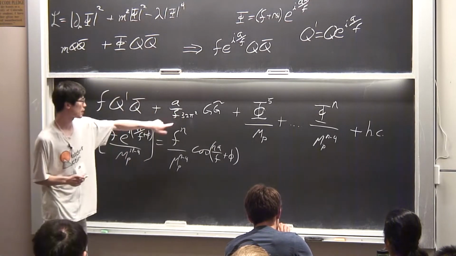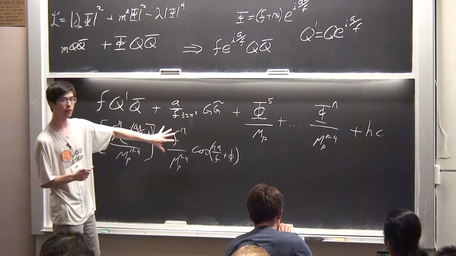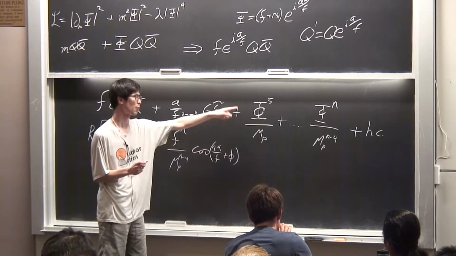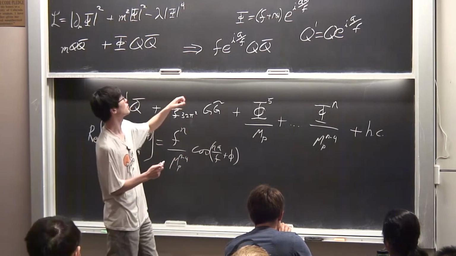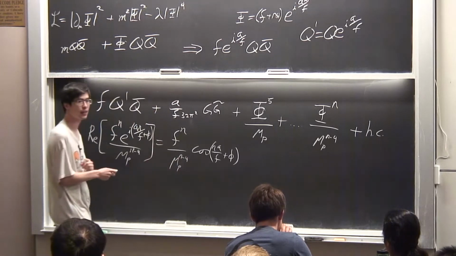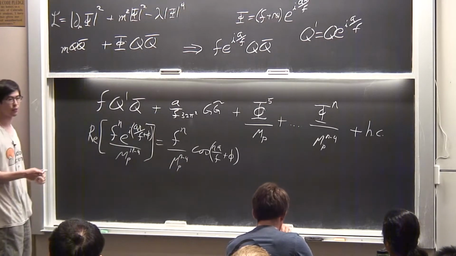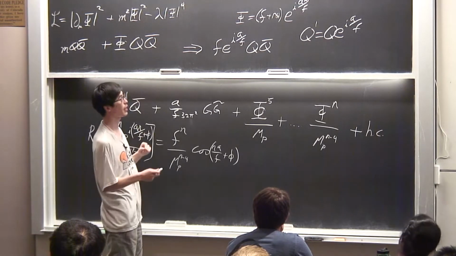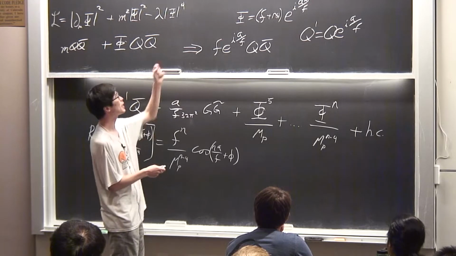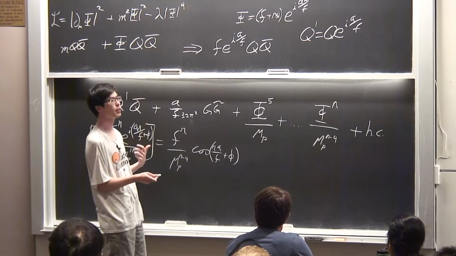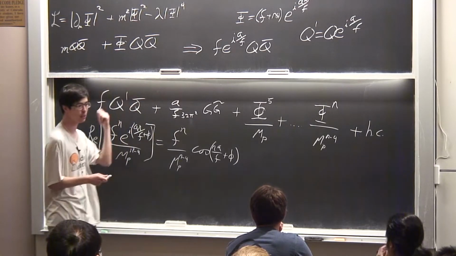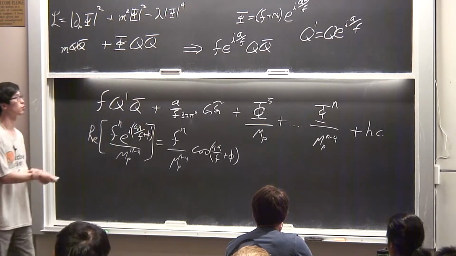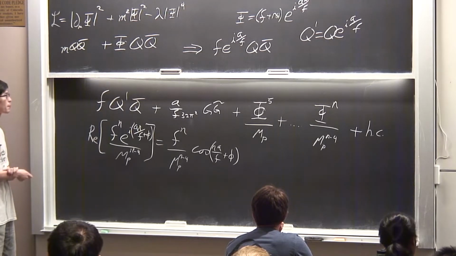Because if this coupling is large, then the expectation value of a/f is just tied to the phase of this higher dimensional operator and is not tied to the QCD phase that you're trying to get rid of. Because the neutron EDM is proportional to θ̄ plus a/f, we need the VEV of a/f to be equal to minus θ̄ up to 10 to the minus 10 in order to be a good solution to the strong CP problem.